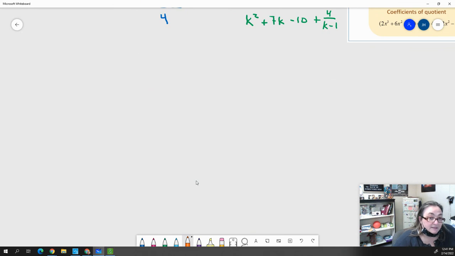Let's look at x cubed plus 11x squared plus 20x minus 46 divided by x plus 5.